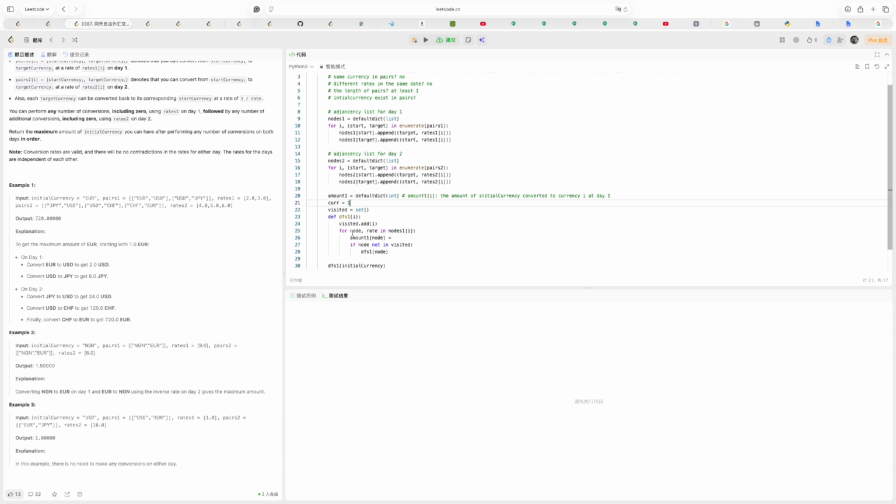So for amount 1 node, it will be current multiplied by rate. And then we will move on to the node.